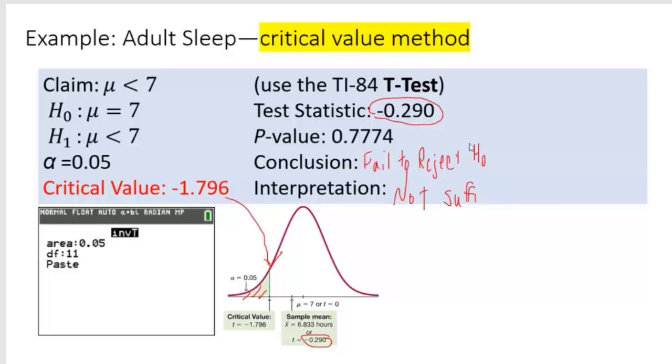We're not rejecting the claim; we're just saying there's not enough evidence. We'd have to interview more adults, get another survey, get a larger sample, okay? So there is not sufficient evidence. You always use something about evidence in your interpretation to support the claim.